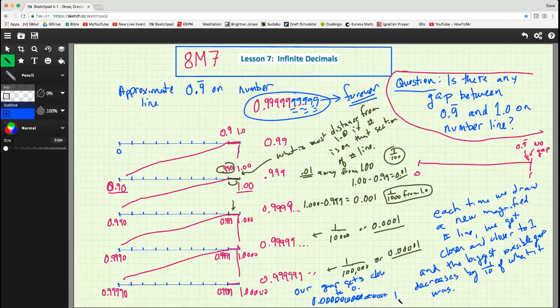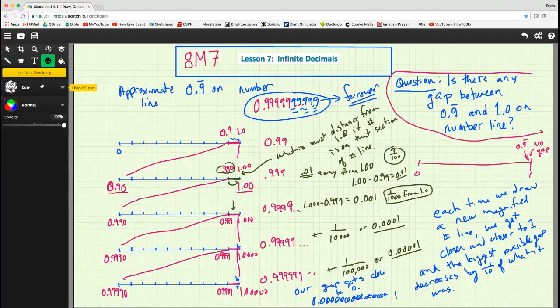But then we can keep going further and further. And so ultimately, what you can show is that there is no gap between 0.9 forever and 1, because if you ever say that there's some gap here, I can just draw you another picture and show you that we keep going to the right, and the right, till basically we're at 1. So that's the argument.